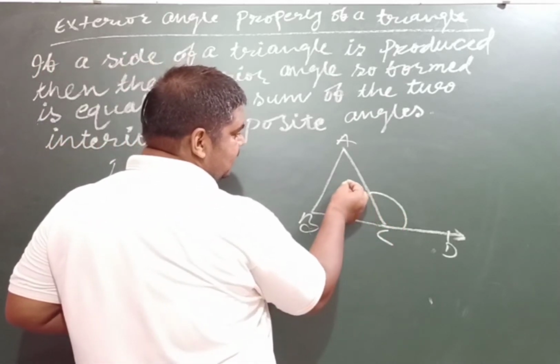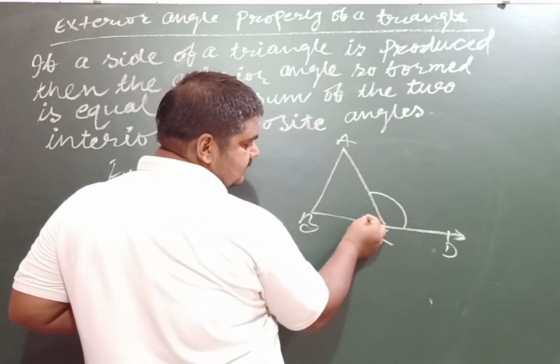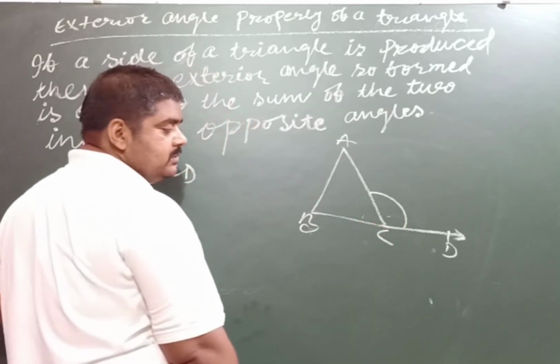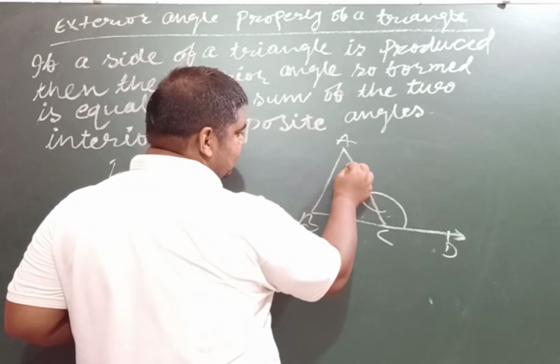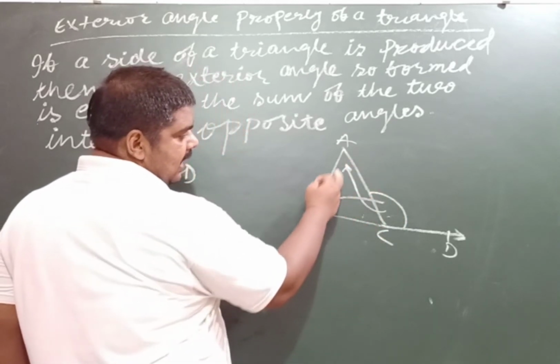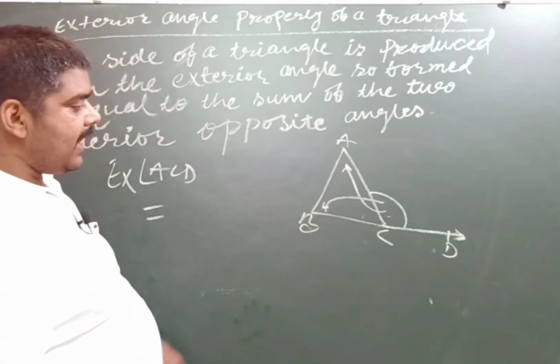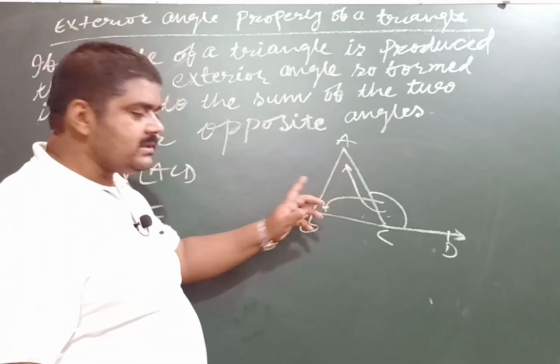Actually it's interior opposite. This is called the adjacent angle, and you know that the opposite angles of this angle are these two, both present in the interior, and this is why they are known as interior opposite angles.